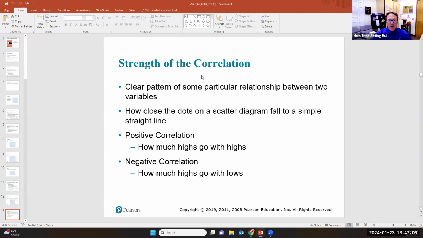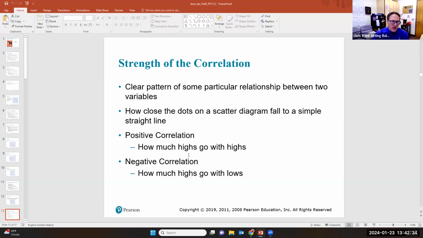What does the strength of a correlation tell us? It tells us how clear the pattern is of some particular relationship between the two variables. Whether it's a positive or a negative correlation, there is a strength to it: how close the dots on a scatter diagram fall to a simple straight line. Positive correlation is how much highs go with highs, whereas negative is highs going with lows.